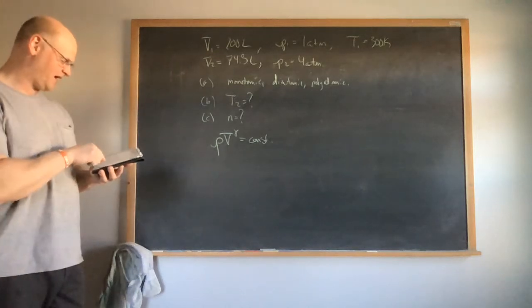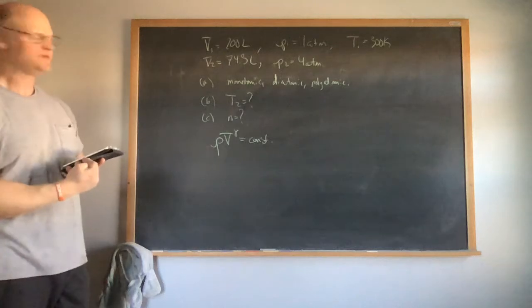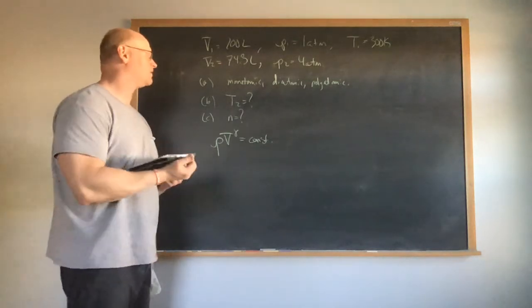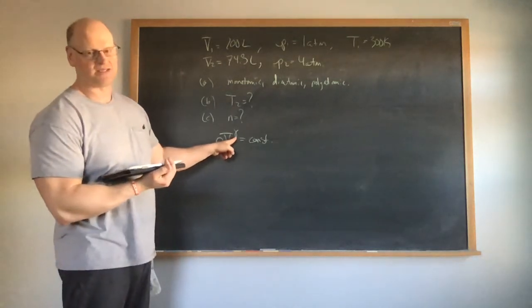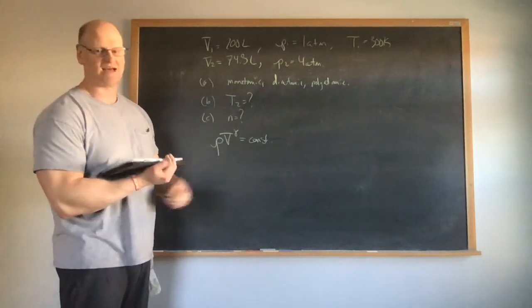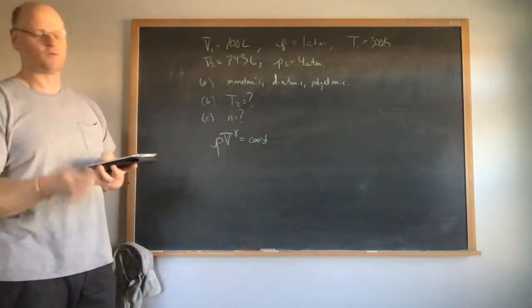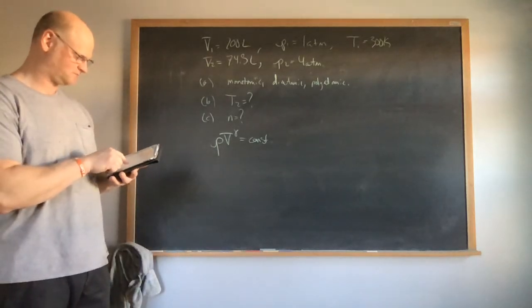Once we know that value, we look in the textbook, where there's a table that says that for monatomic, gamma has to be this, for diatomic gamma has to be this, and for polyatomic gamma has to be this. We match whatever gamma value we get and determine what type of system it is.